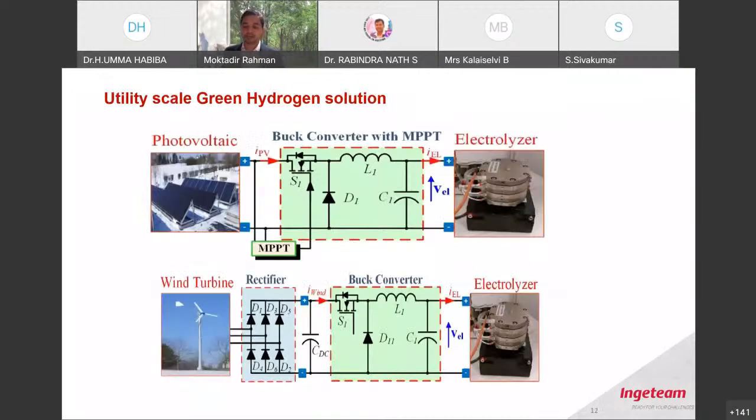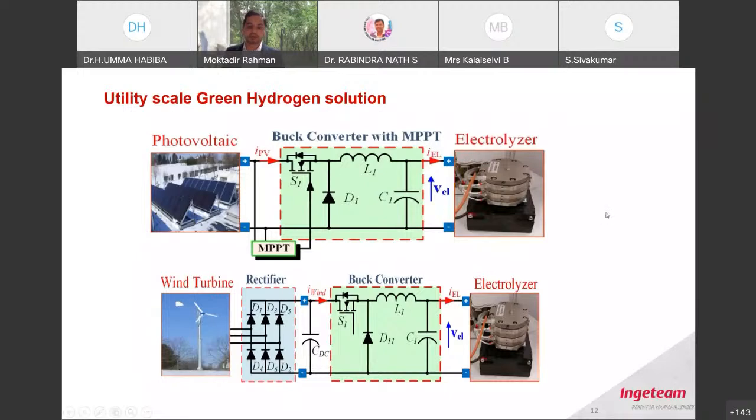Green hydrogen is a new topic. As you know, the hydrogen solution is getting more popular. So you have an electrolyzer and a PV plant connected with a rectifier, and you use the electrolyzer when there is a negative price.